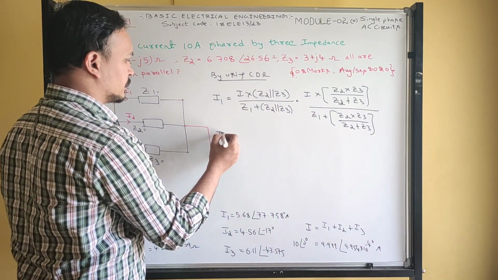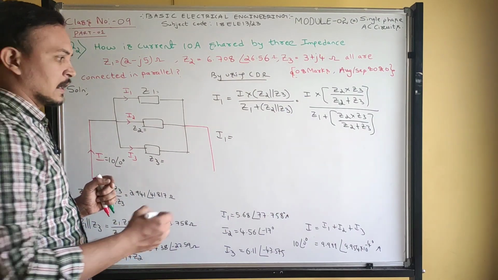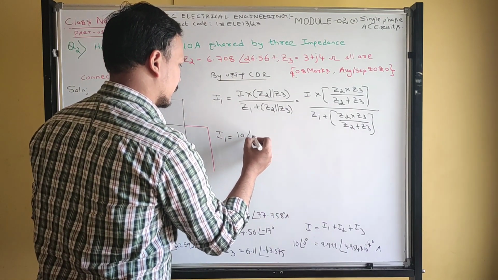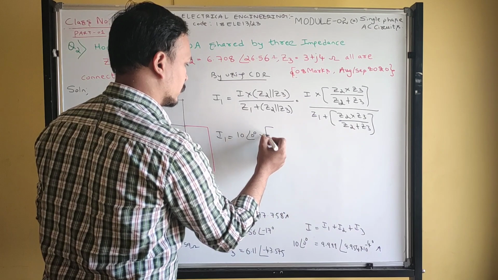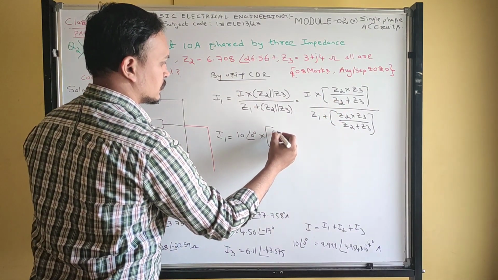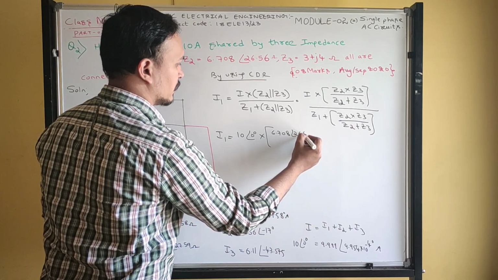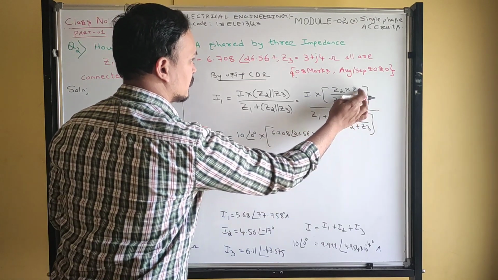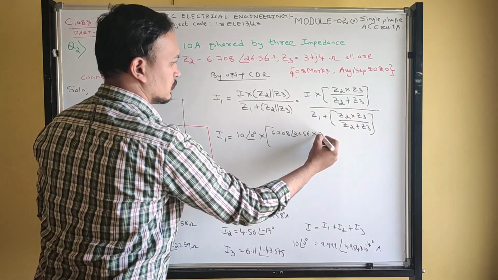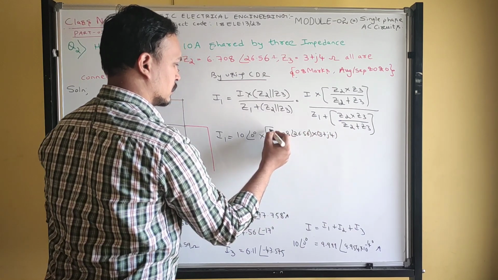Now substitute the values. What is the supply current? 10 at an angle 0 degree. So 10 at an angle 0 into Z2. What is the Z2 value? Look here. Z2 is 6.708 at an angle of 26.56 multiplied by Z3. What is Z3? 3 plus j4. Put a bracket for that.